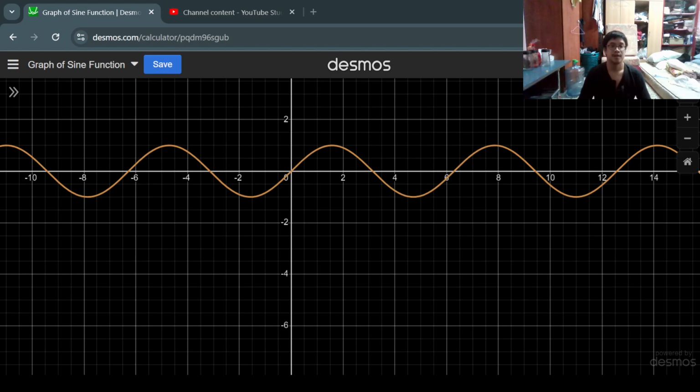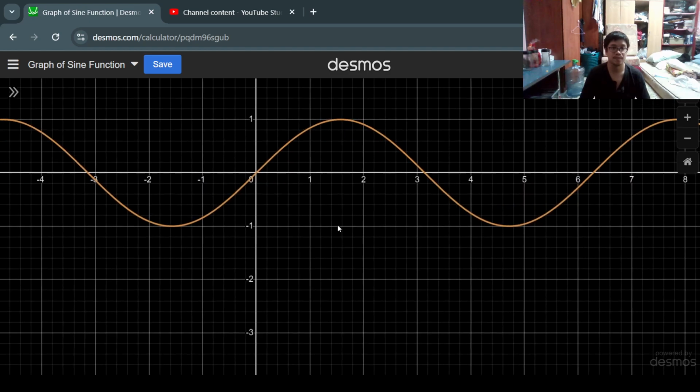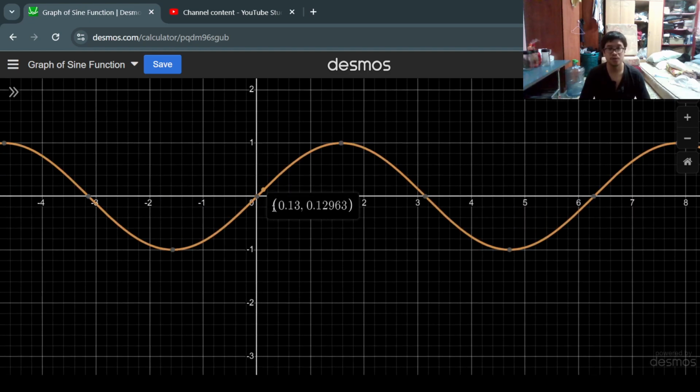Now take a look at the graph of sin x. For the domain, we related the curve to the horizontal axis, which is the x-axis. Now we're going to do it similarly, but instead of relating the curve to the horizontal axis, we relate it to the y-axis, which is the vertical.